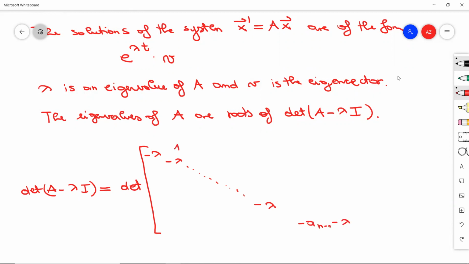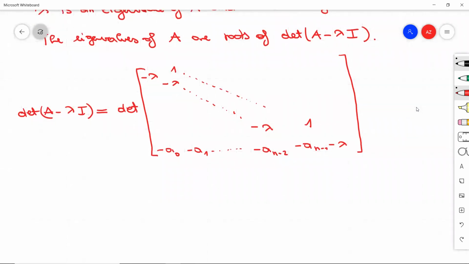Then we have ones on the upper diagonal, and in the last row we have minus a0, minus a1, and so on, minus an minus 2. How would you compute this determinant? What would be the easiest way?